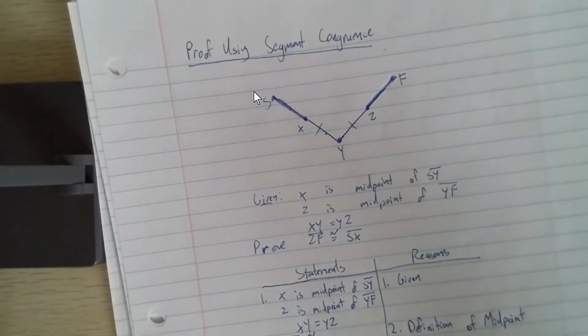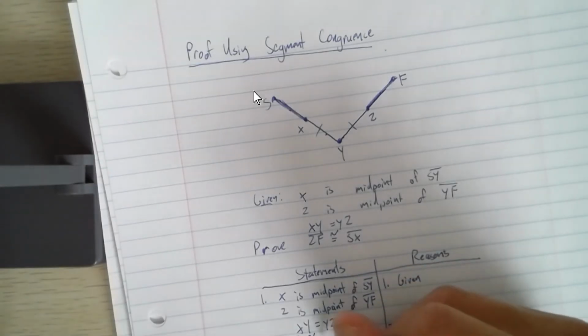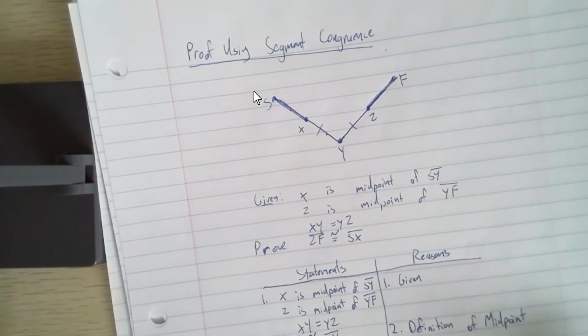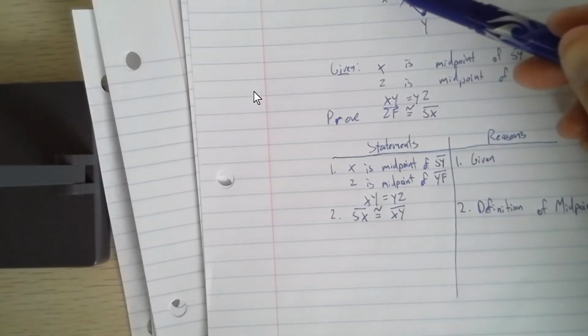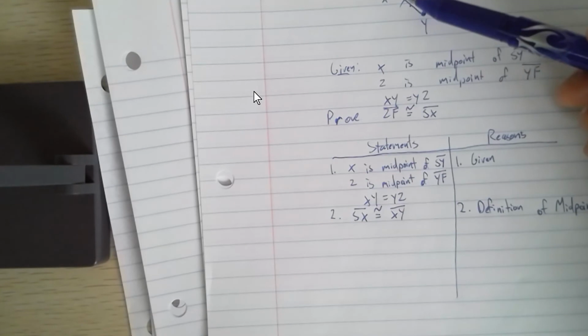Your cheat sheet should say if there's a midpoint, there are two segments made from that midpoint that are congruent to each other.